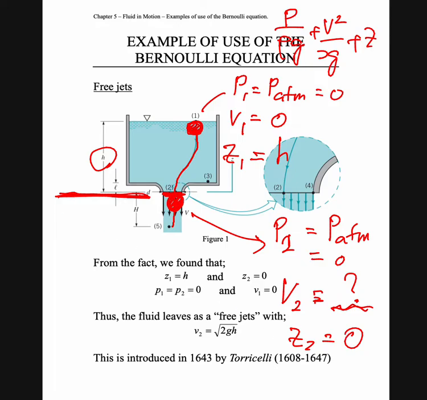It is okay for us actually to take a different datum. For example, if you don't like to take this datum and you want to take point number 5 here as your datum, it's still okay, your calculation is still correct. So let's say we take this as the datum.